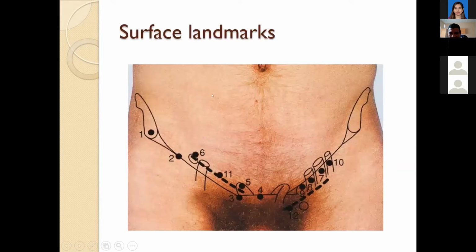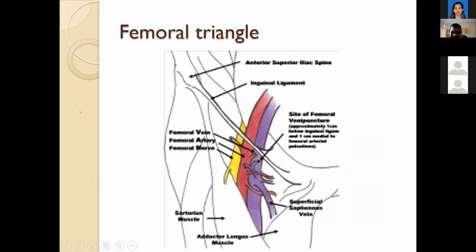So this is the surface landmark of what we call the lower part of the abdomen. Number one is the anterior superior iliac spine. So I go directly to the pictures. Okay. So you get the femoral artery, vein, and also a nerve. All are inside the femoral triangle.